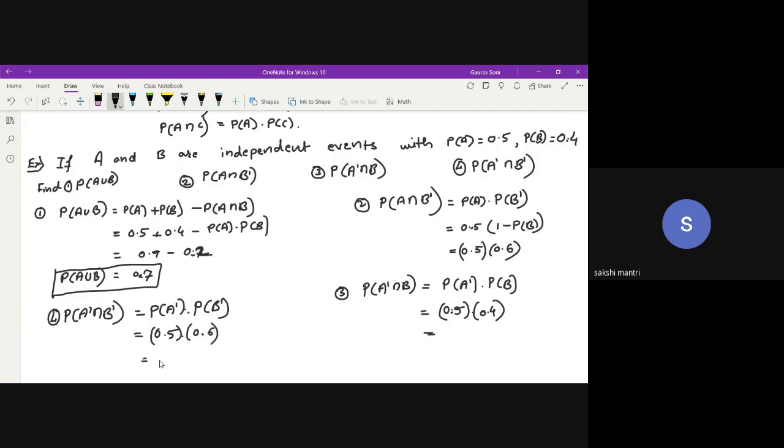What are the products? 0.3, and the third one is 0.2. The last one is also 0.3.